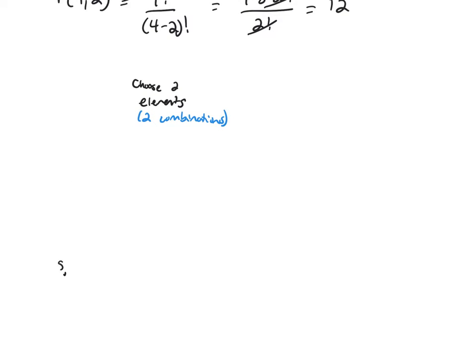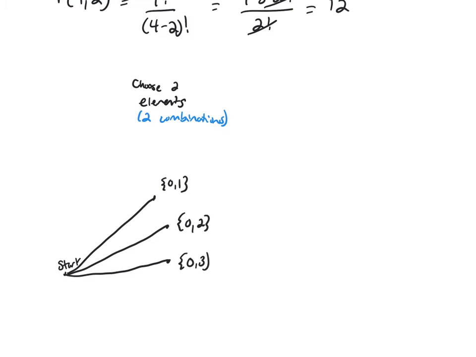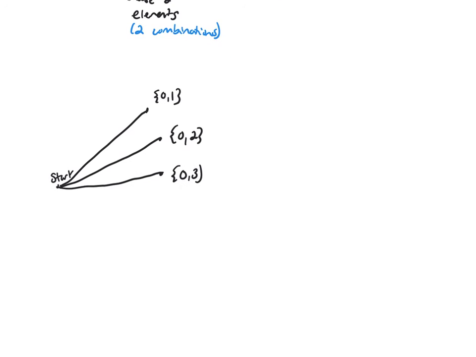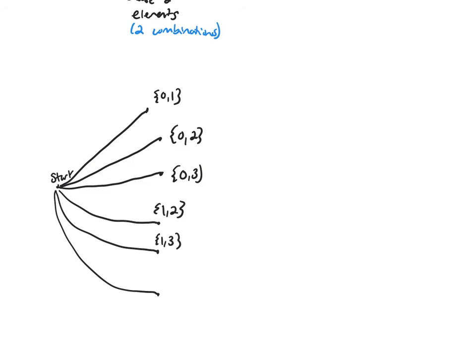We listed all the 2 combinations, so you could have 0, 1, 0, 2, there were 6 of them, 0, 3, 1, 2, 1, 3, and then 2, 3.